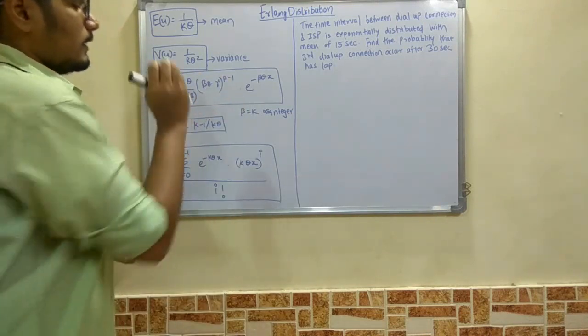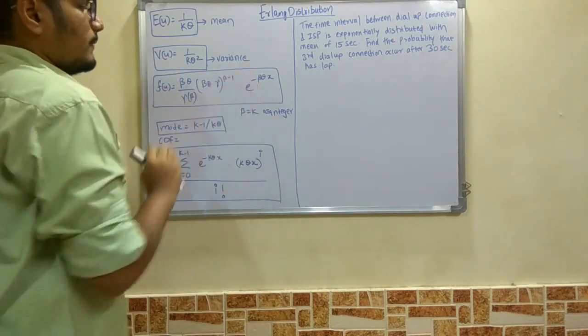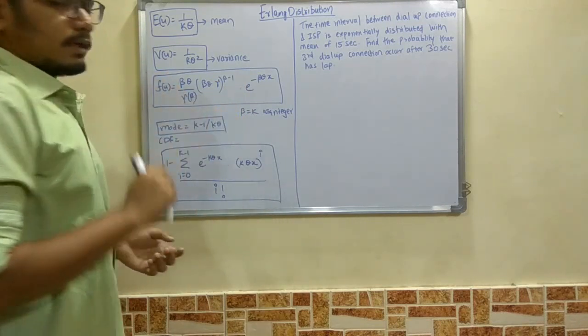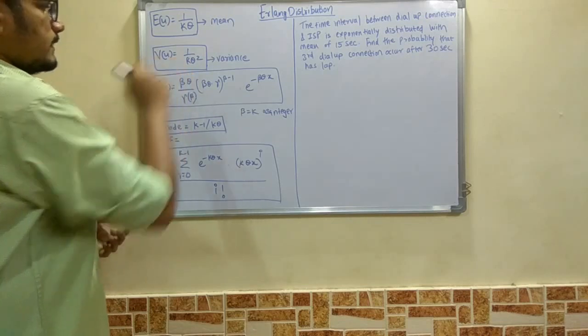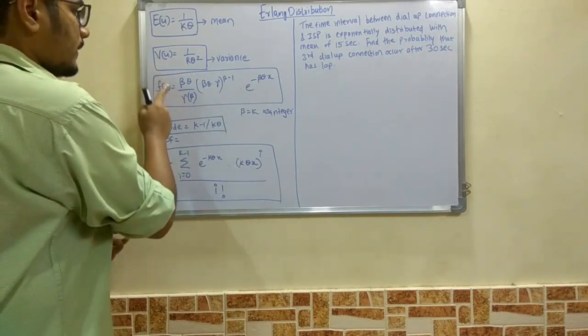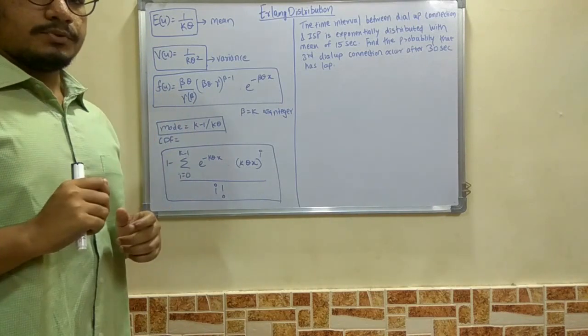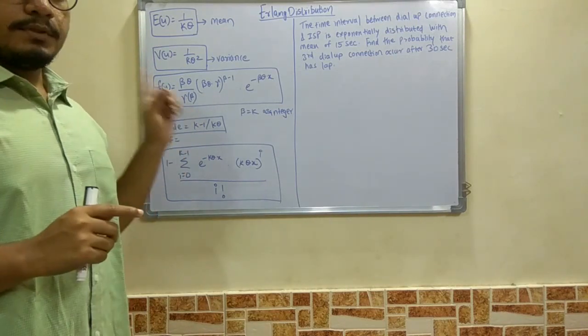That's very simple. Next we have these parameters: beta is equal to k, both are integers. Theta, I have told you, is a scale parameter, and beta here is a shape parameter. This we had in the earlier distributions also, like in the Weibull distribution, where beta was also a shape parameter.